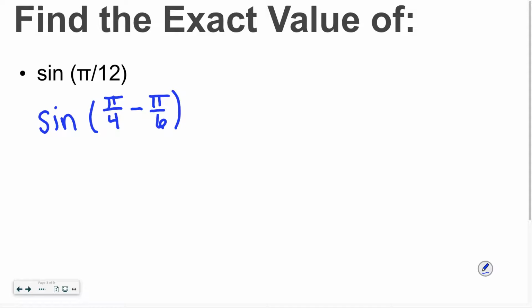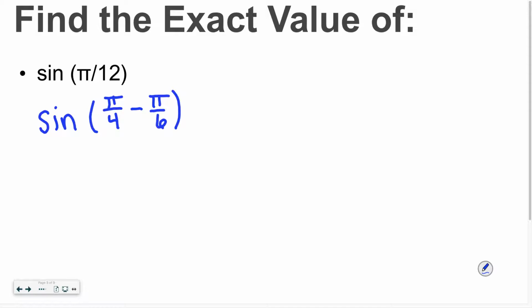Pi over 6 is 30 degrees. So this is like 3 pi over 12 minus 2 pi over 12 is 1 pi over 12. Write it down: 3 pi over 12 minus 2 pi over 12 equals 1 pi over 12.